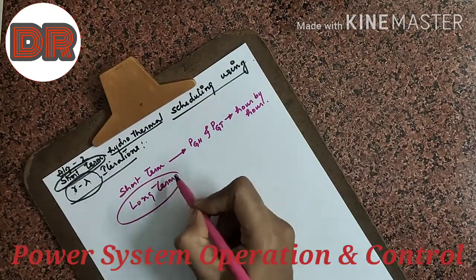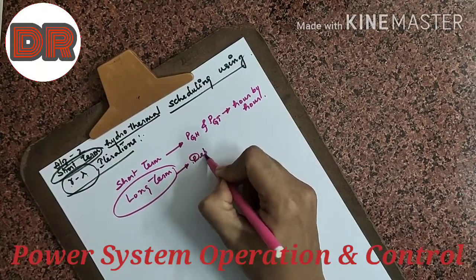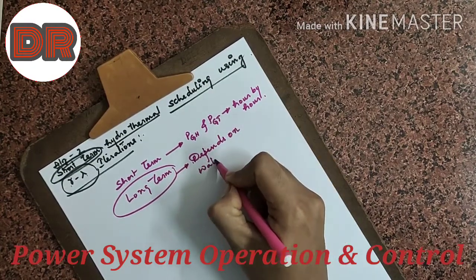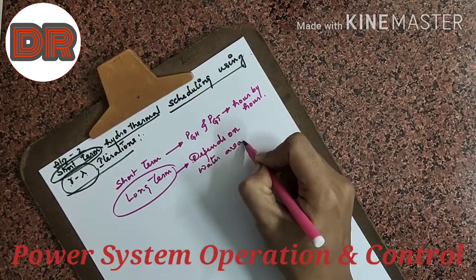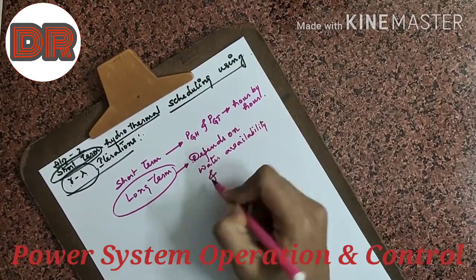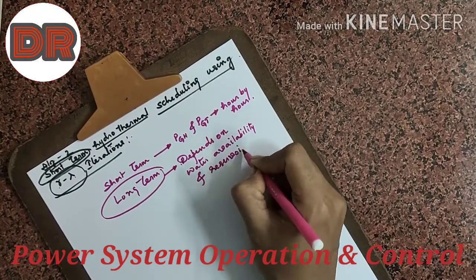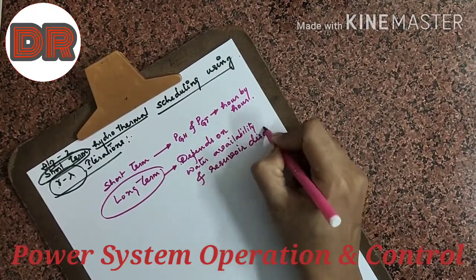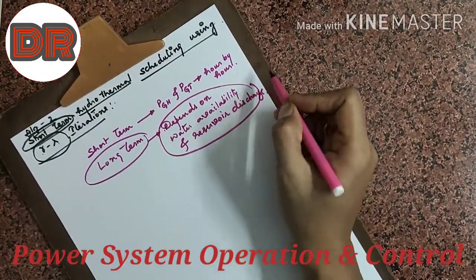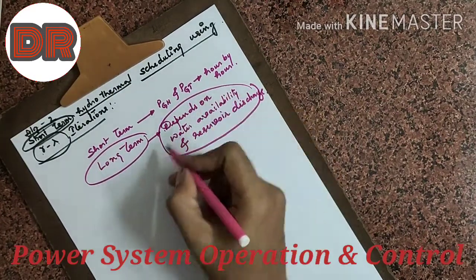Long term scheduling mainly depends on water availability and the reservoir discharge, that is the water discharge from the reservoir. So long term scheduling purely depends on the water availability.